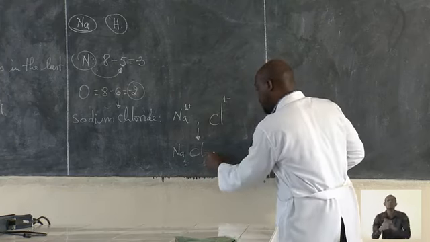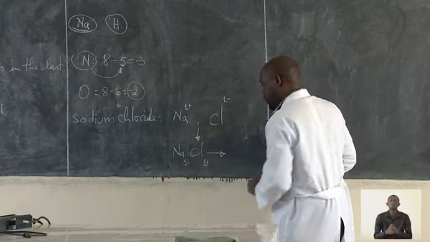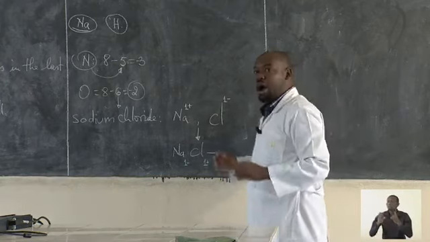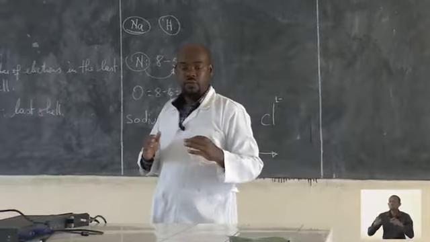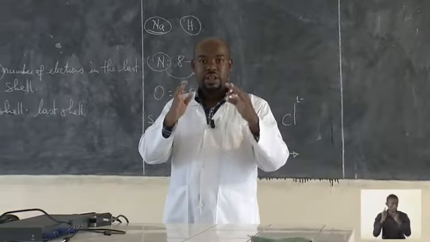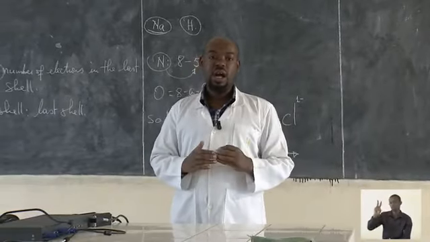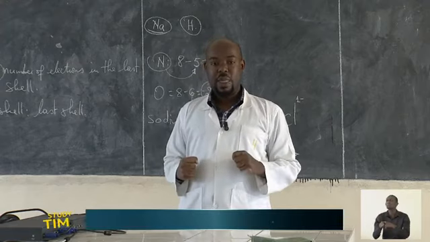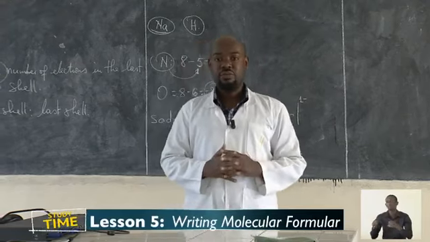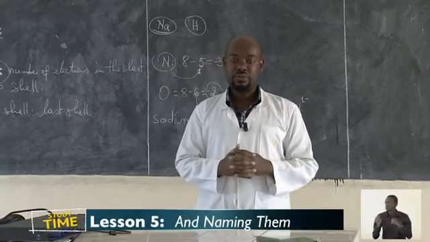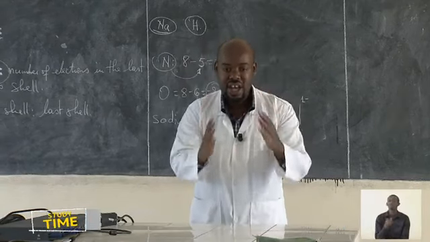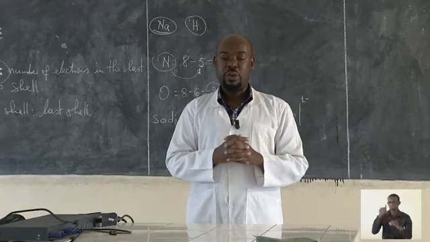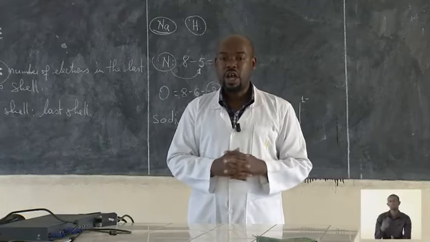And how do we get the final molecular formula? You have to check if the valences are similar, you remove them. But if they are different, you cannot remove them. They should stay there in the molecular formula. We will see an example for that.